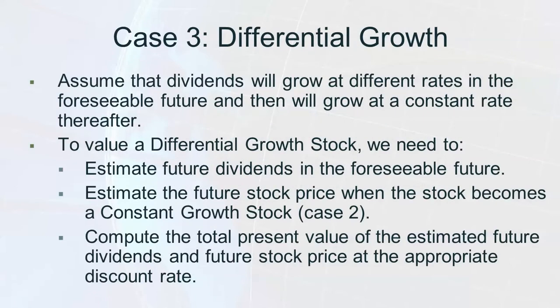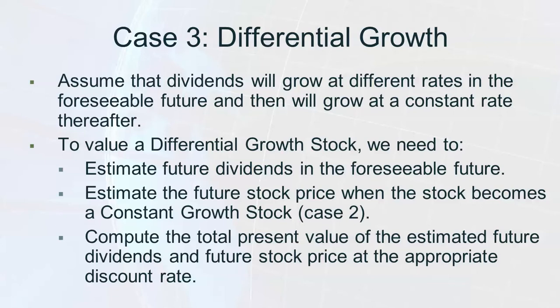Now we're going to be talking about a different growth model, also called the non-constant growth model. The bottom line here is the dividend is growing at different rates for a while, and then maybe in the future it's going to be constant.